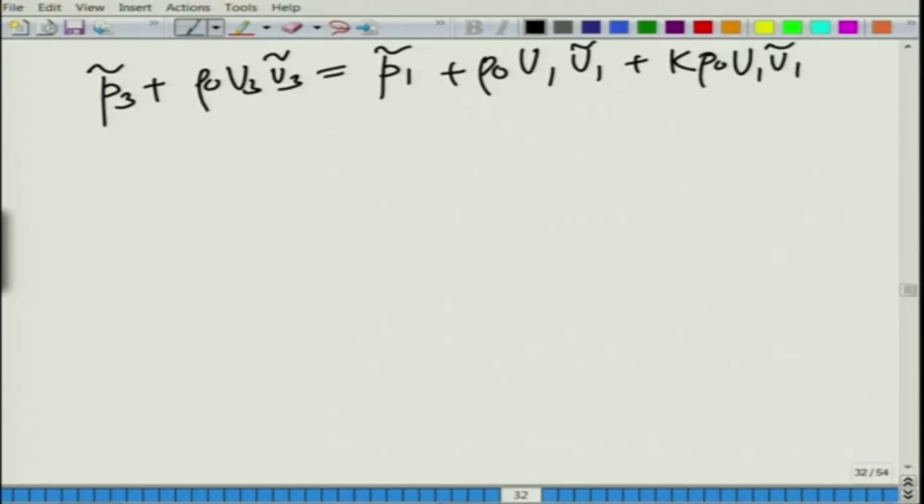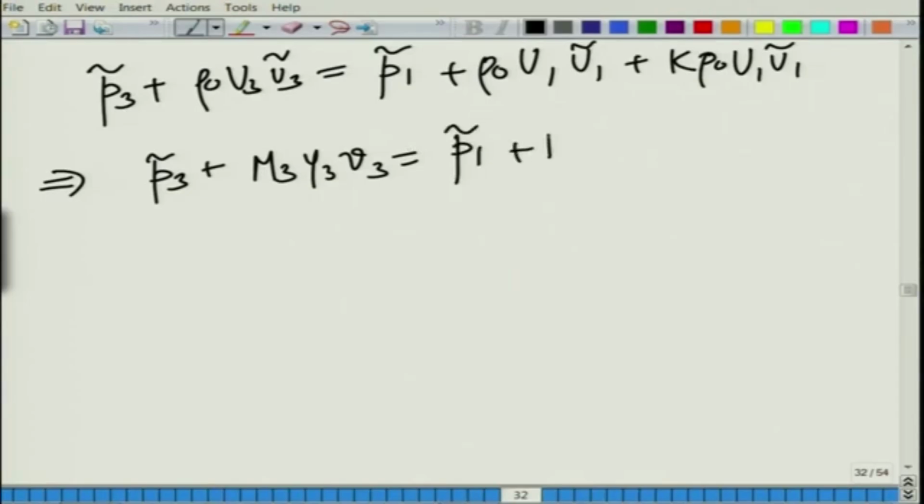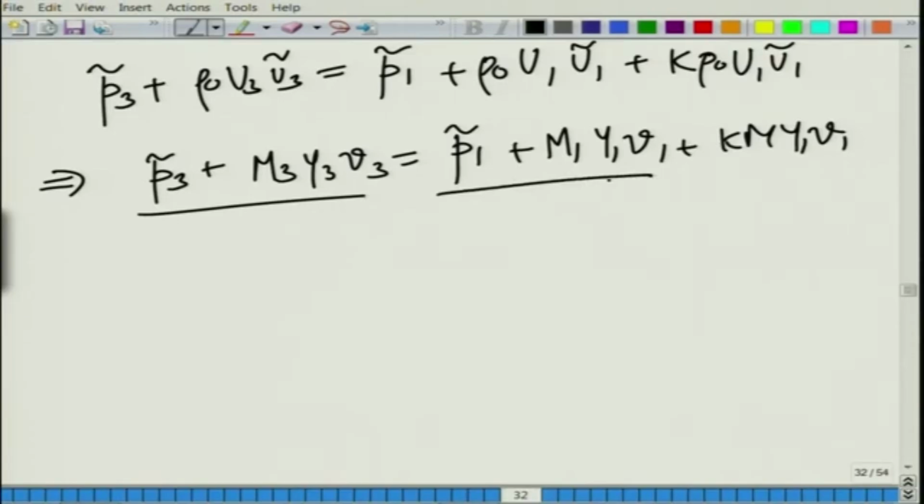Okay. So, we get that, and then once we simplify further, we get P 3 plus M 3 y 3 V 3 is equal to P 1 plus M 1 y 1 V 1 plus K times M 1 y 1 into V 1. All right. Clearly, we can write these quantities in terms of the aeroacoustic state variables, so we need to bring into application all the things we have done in the last couple of lectures.